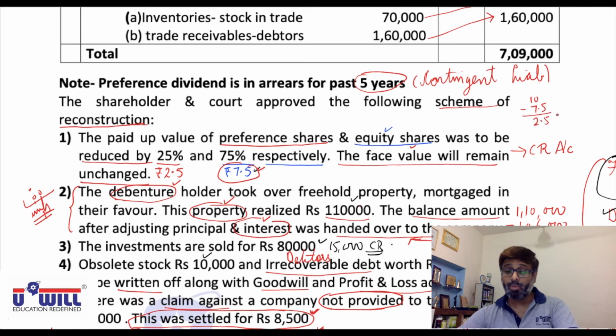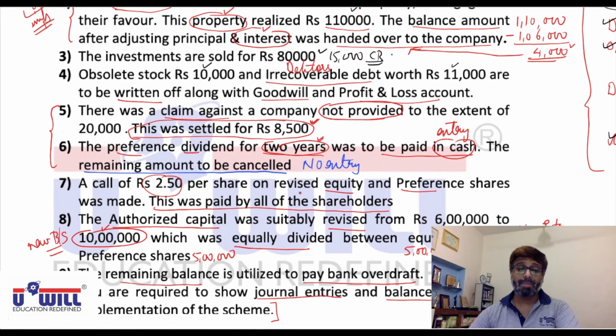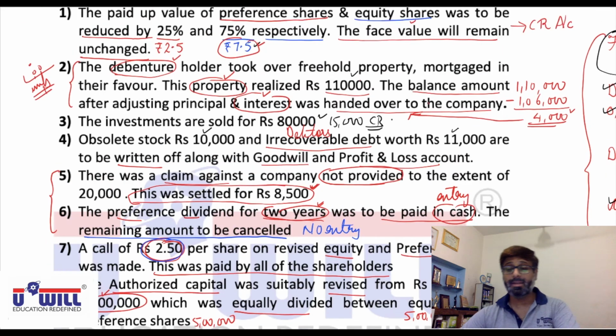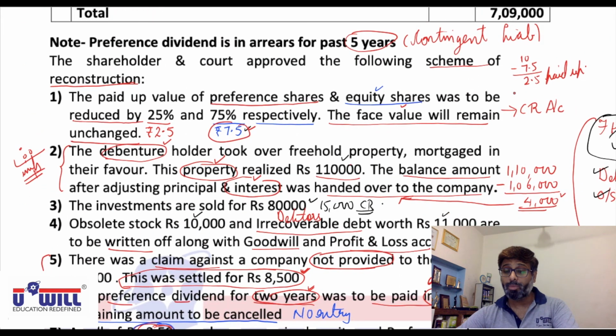So they became 2.5 paid up, face value same. And in adjustment 7, the company called 2.5 from them again, and they paid 2.5 back to the company. So now they are 5 paid up.